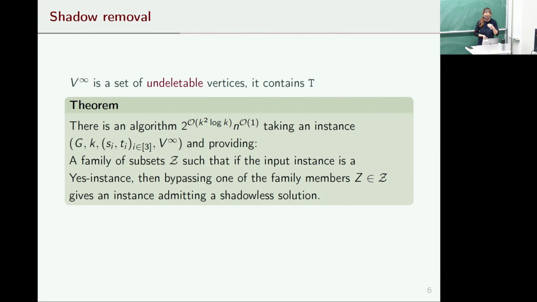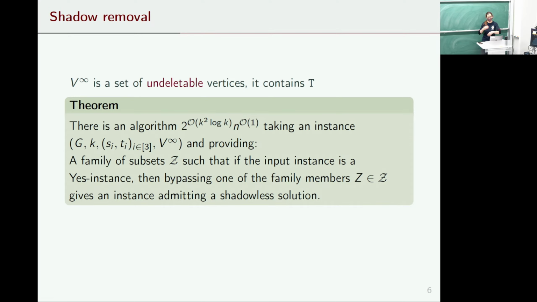To be a little bit more precise about what we're using, actually I'm not explaining how we're doing it. We take our instance and I added to this instance, very sneakily, this vertex set V infinity, which are undeletable vertices. You can just imagine it for the sake of this talk to be the set of terminals. I never want to delete the set of terminals.